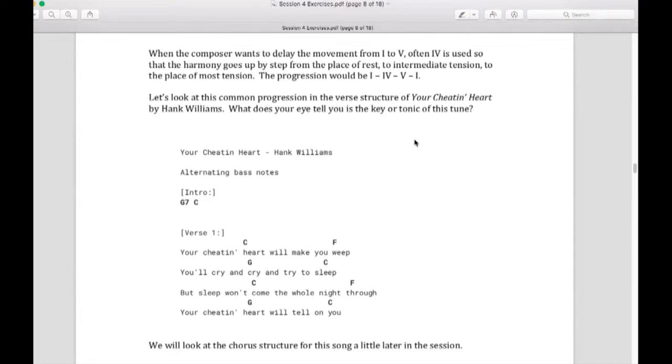Okay, so 1 is C. 4 then would be F, C, D, E, F, right? F. And G is 5. And back to 1 is C. So that would sound like 1, 4, 5, 1, or C, F, G, C is what your ear is hearing.